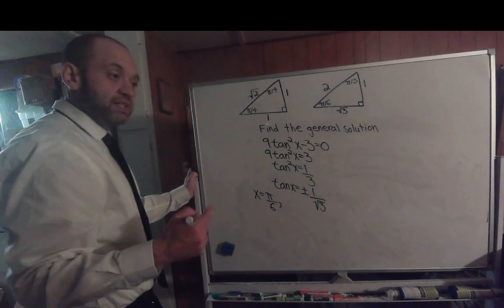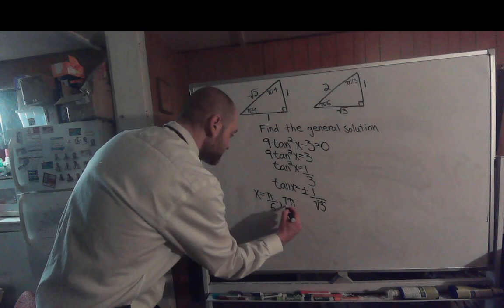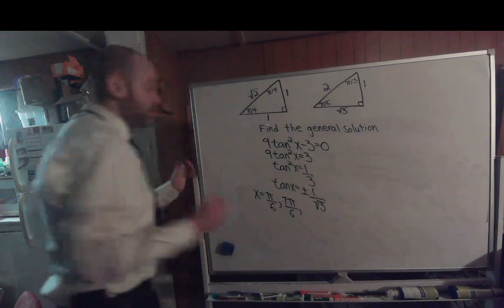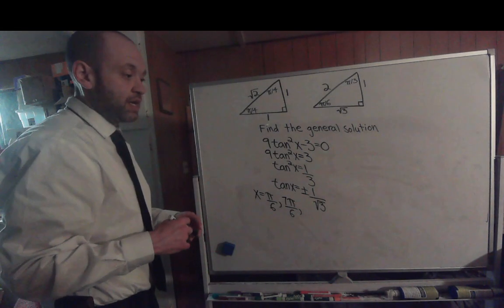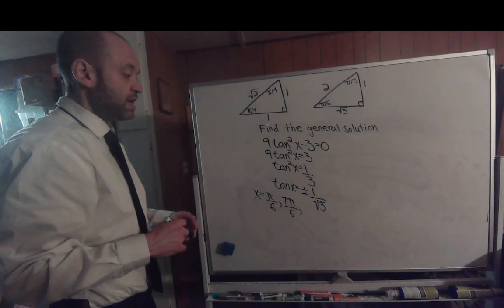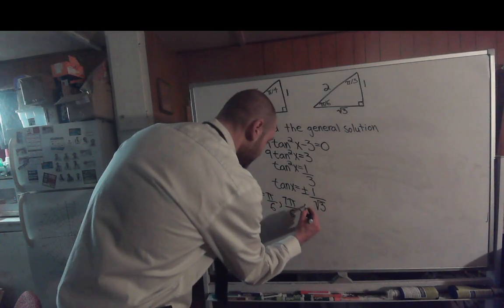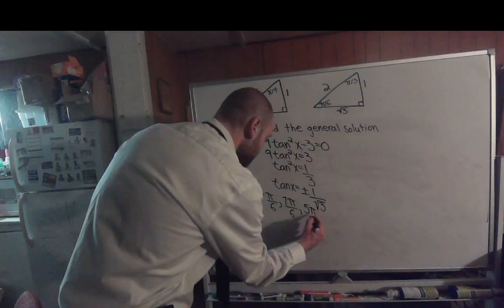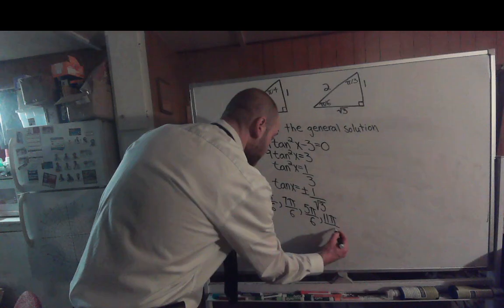And then it's positive again in the third quadrant, which would be 7 pi over 6. And then you get negative 1 over the square root of 3 in the second and fourth quadrants. So you could have 5 pi over 6 and 11 pi over 6. That's just from 0 to 360.